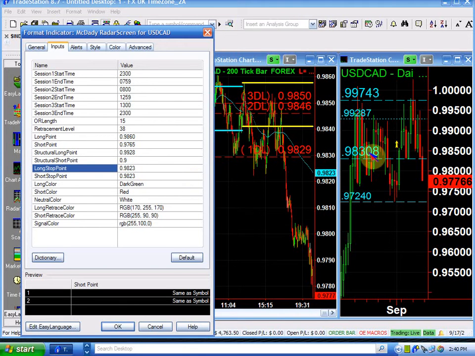And my structure long is the 98.30. And my structural short is the 97.24.